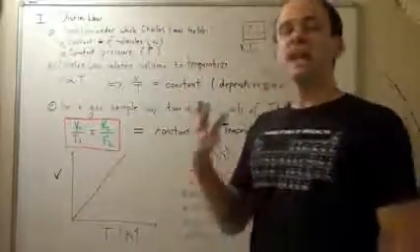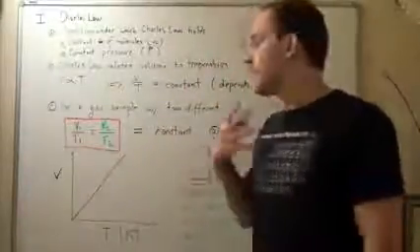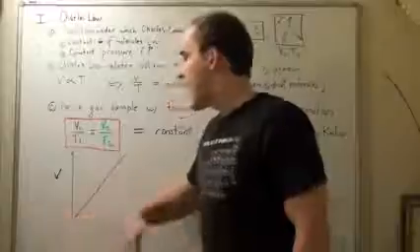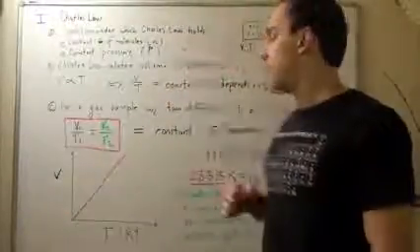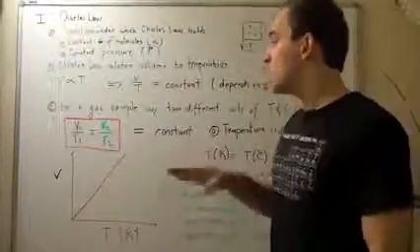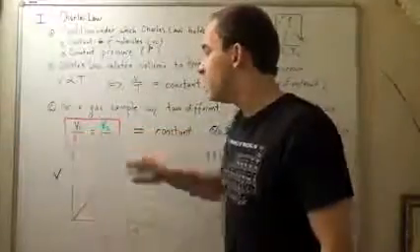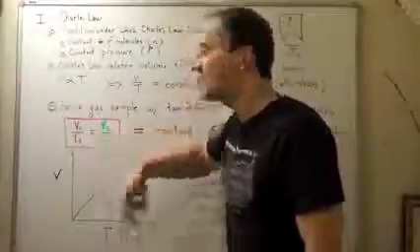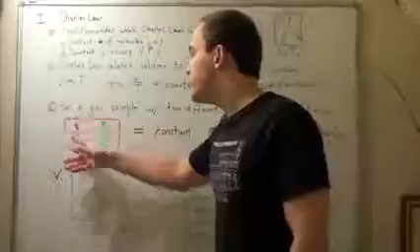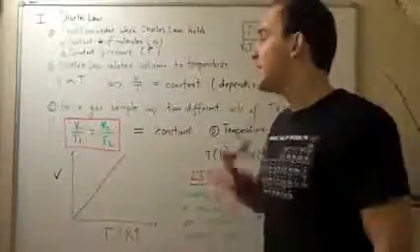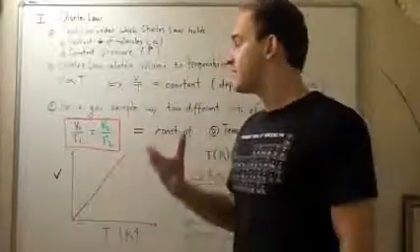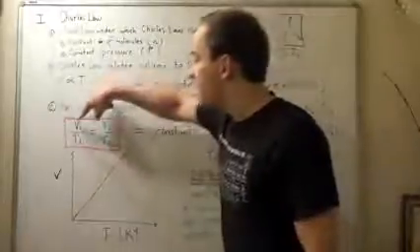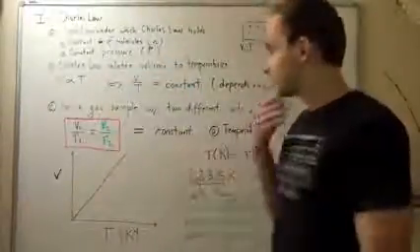But remember, 0 Kelvin is unattainable. Everything has volume, and that means our temperature must be somewhere above 0. Also notice that V1 over T1 means that our T1 can't be 0. Otherwise, we'd get an undefined number, a number that has infinity as its answer, because any number over 0 is infinity.